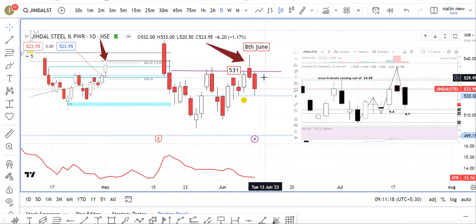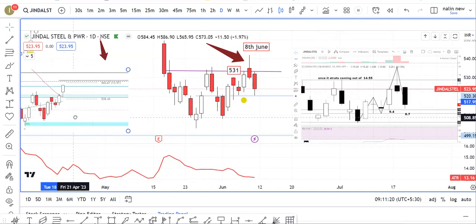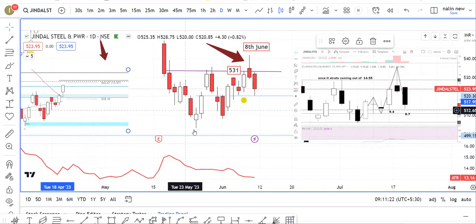Another thing, I am discussing what has happened to Jindal Steel and Power. It has fallen down. The immediate reaction: you have seen that buyers entered and again it came down. After making a low, it made an attempt to go above this price.